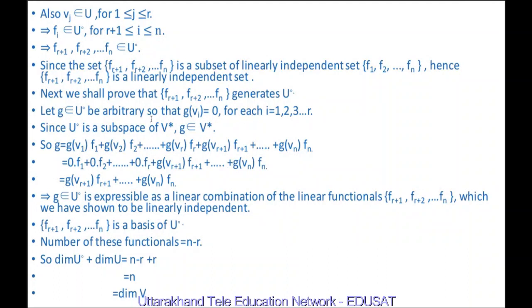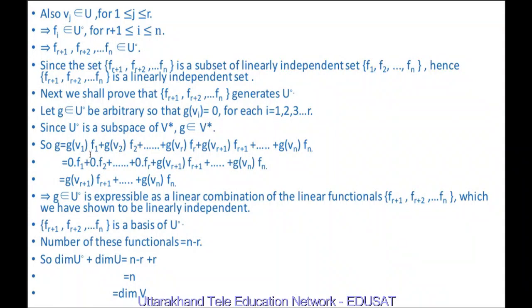Therefore, U dot is a subspace of V star, and g belongs to U dot means g belongs to V star. Because g is an element of U dot and U dot is a subspace of V star, g also belongs to V star. V star is the dual of V.